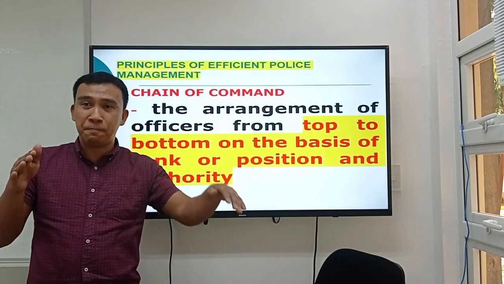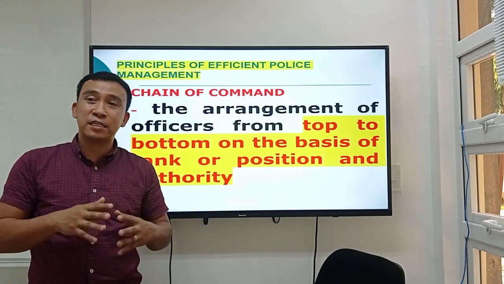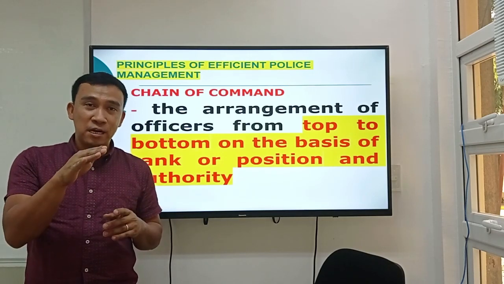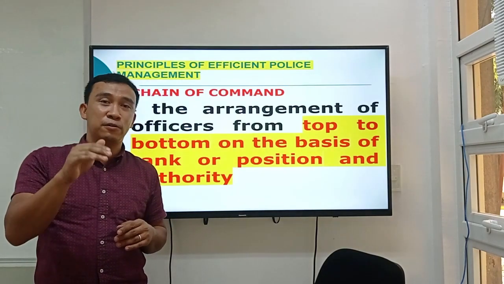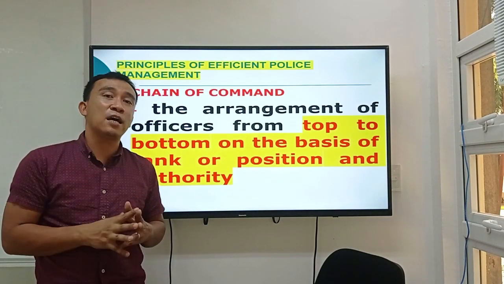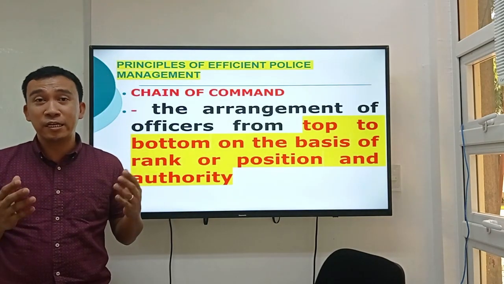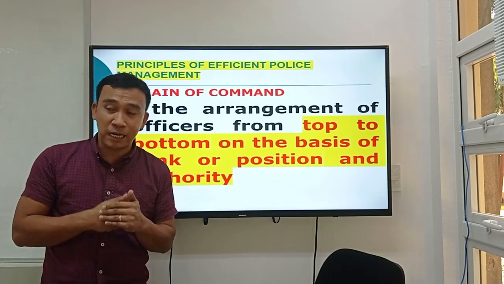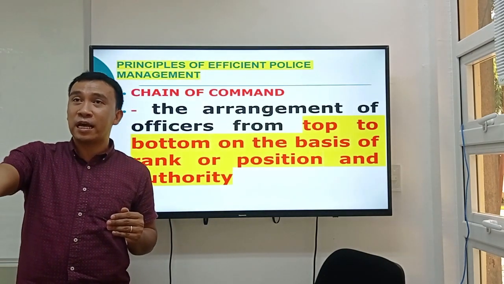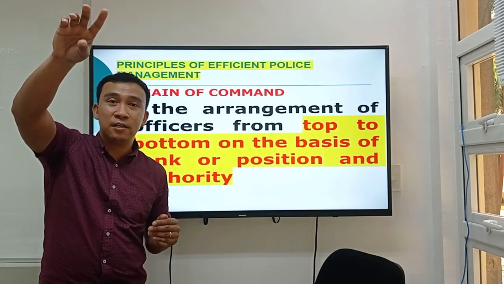Ang chain of command, dapat pupunta ka muna sa iyong superior, and then ang superior ang siya mag-elevate sa kanyang superior, at bahala sila na mag-elevate doon sa mataas na position kung hindi pa nare-resolve. Ikaw na nasa low-level position, hindi ka pwedeng mag-direct sa pinakamataas.